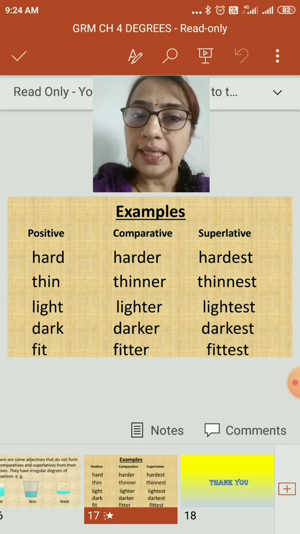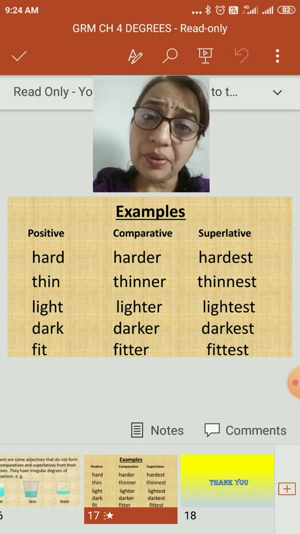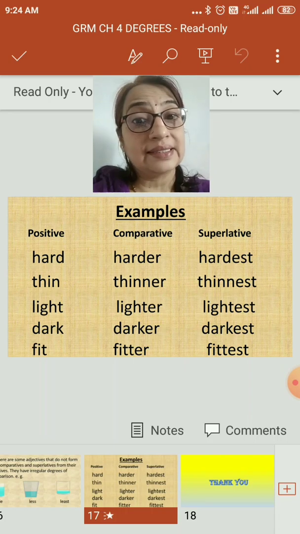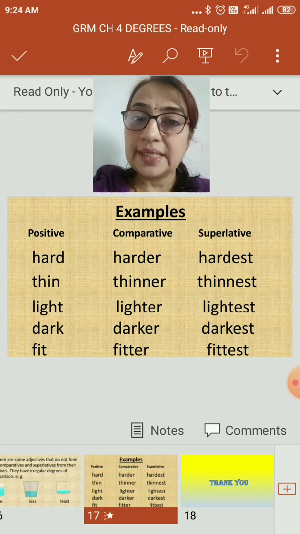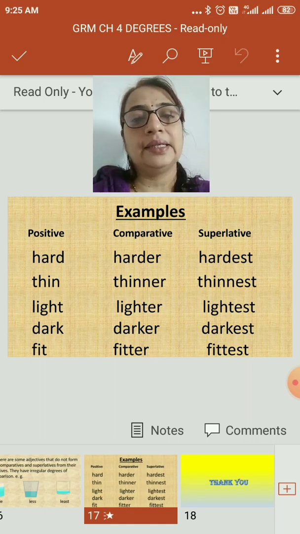So English grammar needs more and more practice, children. So practice it, because in future you have to convert sentences into different types of degrees. So if this concept is clear, you will find it very easy to convert them.